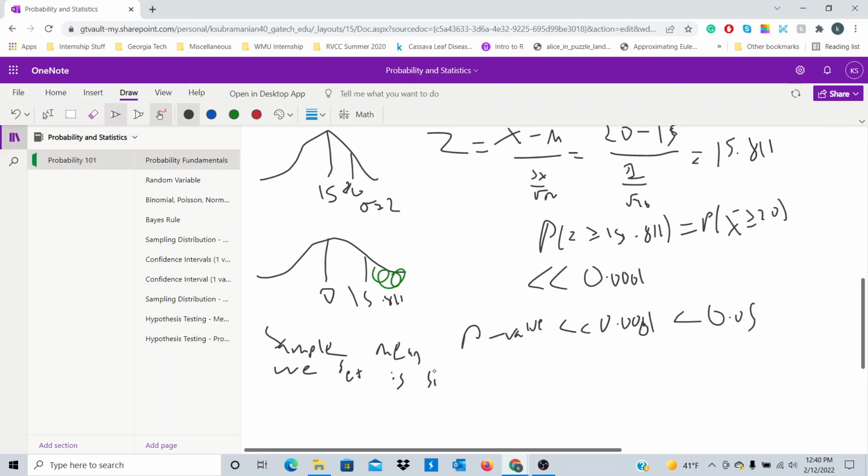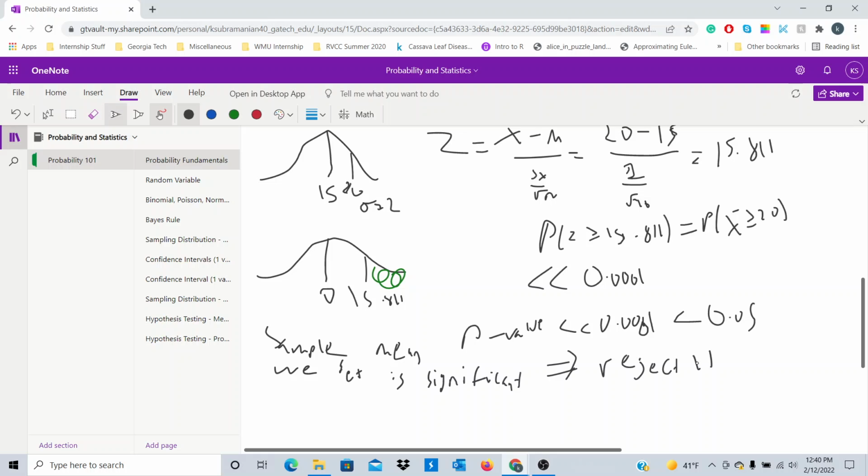In that our sample mean is statistically significantly different from the claim that Domino's is making of 15 minutes. So the p-value is less than 0.05, which is our threshold, so we can actually reject H naught, right?